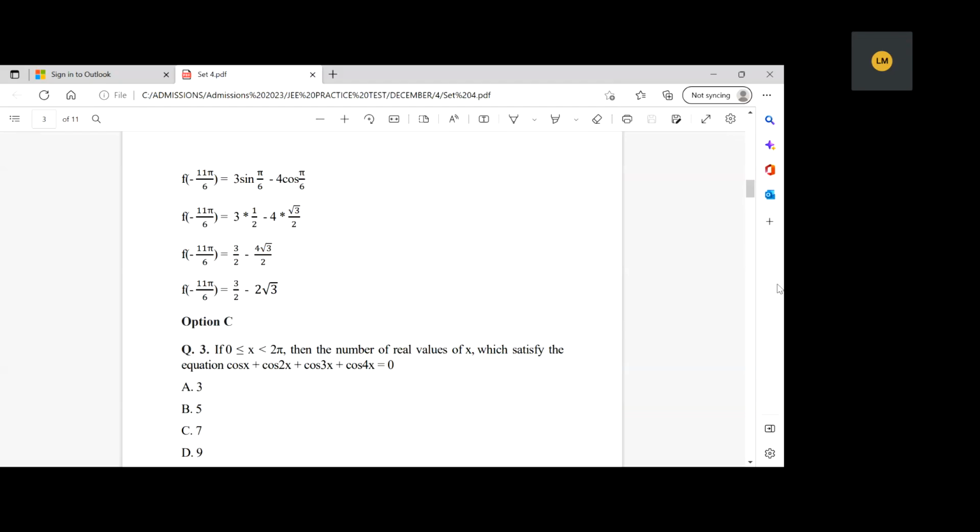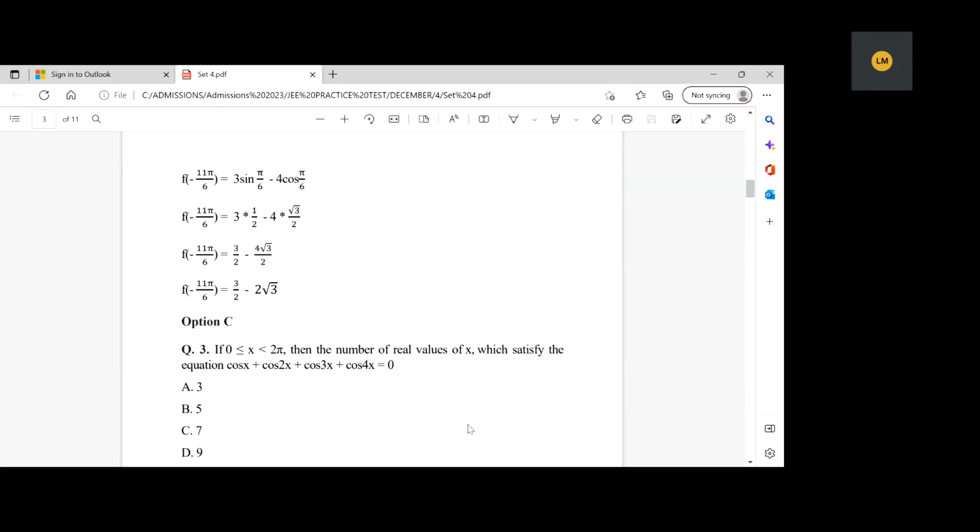Which among this is correct? A lot of students have opted for both of them. Here in the chat box, I could see option A is there, B is there, and C is there. So there are three options that you have opted: 3, 5, and 7.